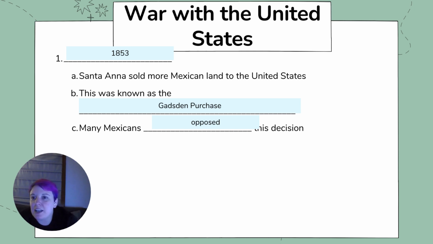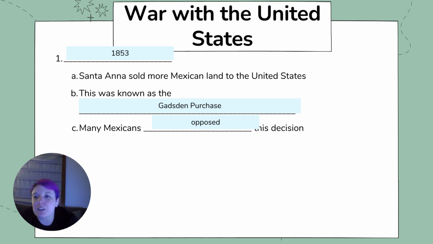Like I said, the people in Mexico did not like the fact that Santa Anna sold so much of that Mexican land to the United States. Mexican people felt like the United States had taken enough from them. And when you look at it, the Gadsden Purchase on this picture really isn't that large of an area, but it does take a chunk out of Mexico that was more land than they wanted to give.